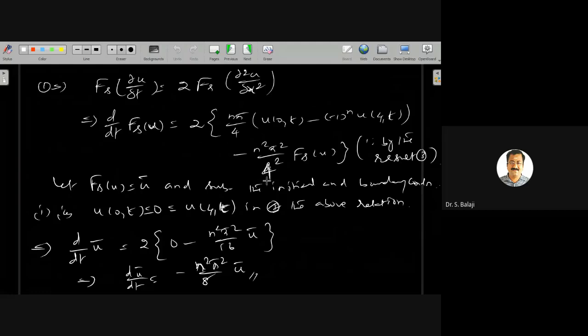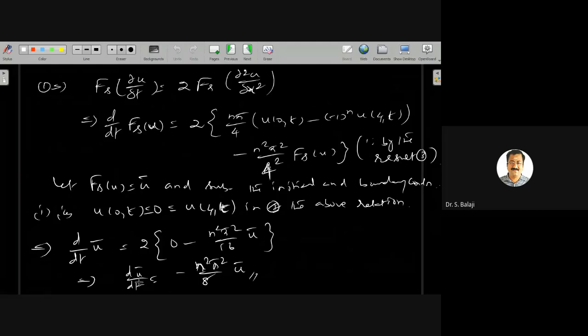Therefore, we get only 2 and 16 cancelling, giving n²π²/8. So dū/dt = 2 times (−n²π²/16) ū, that is, dū/dt = −n²π²/8 ū.